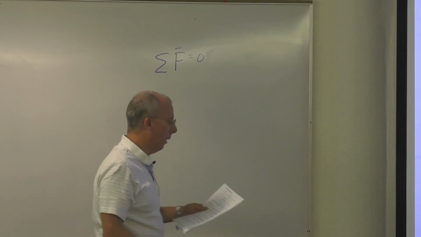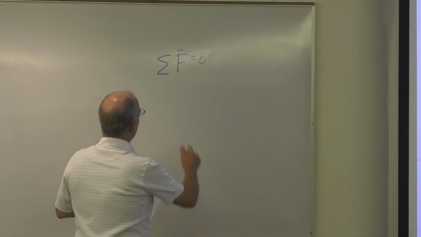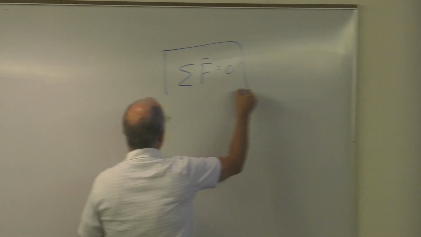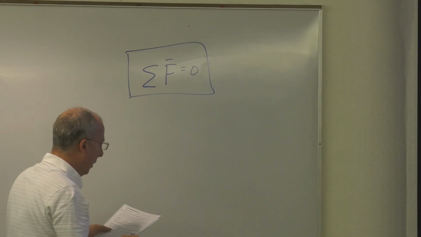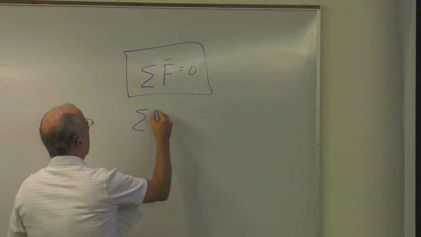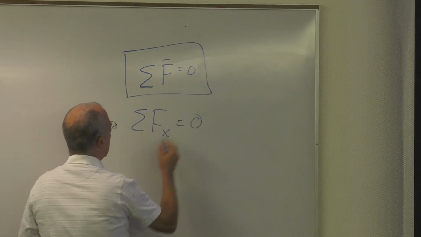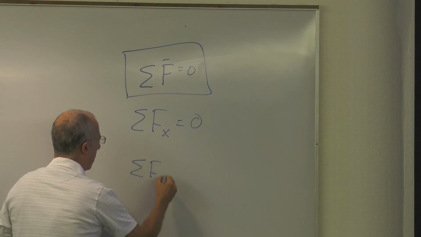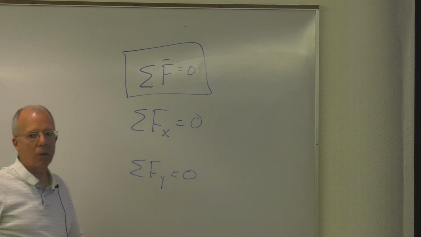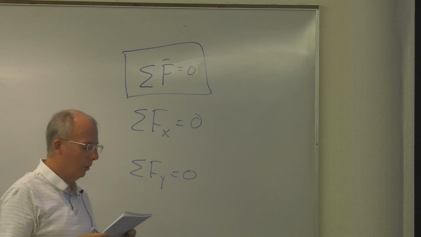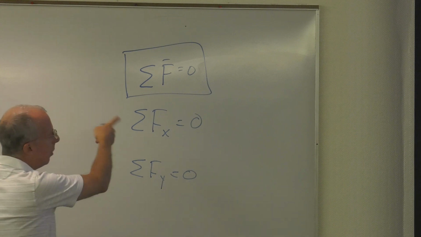We resolved them. So the same thing here. So this is true, but what we're going to do in practice is say that the sum of the x forces equals 0 and the sum of the y forces equals 0. So there's really not a whole lot that's new. All right, so that's equilibrium.